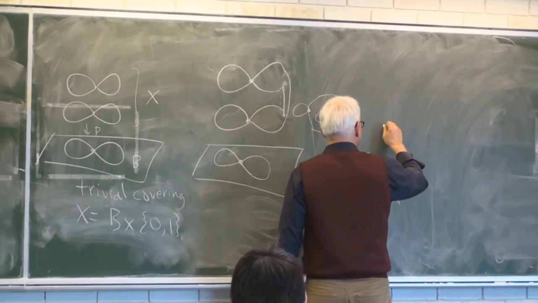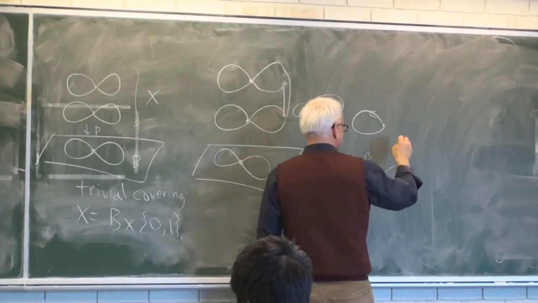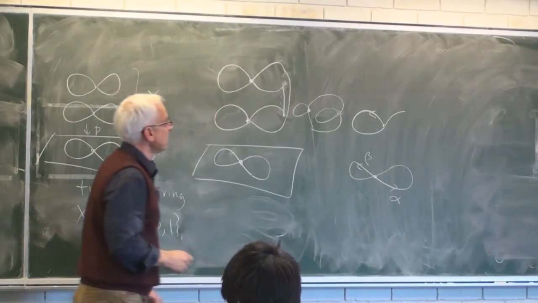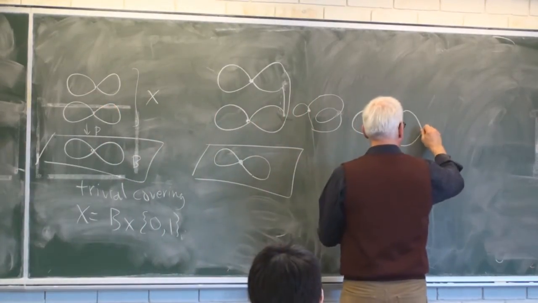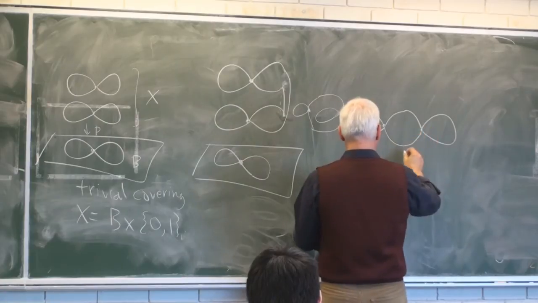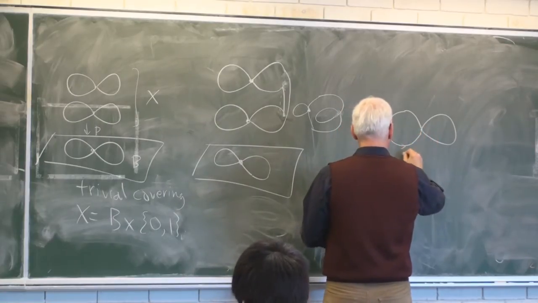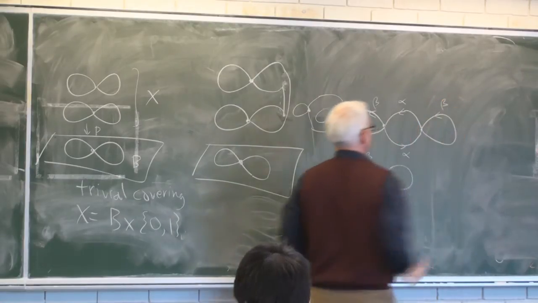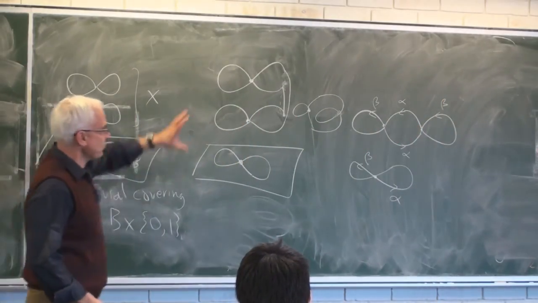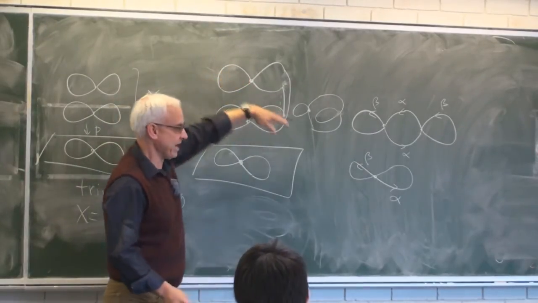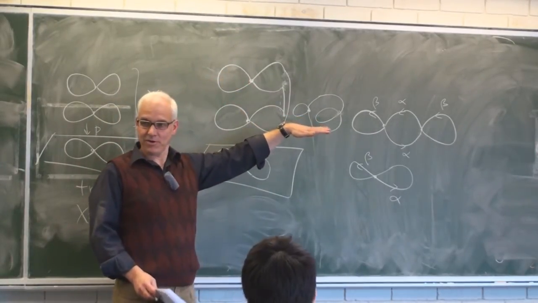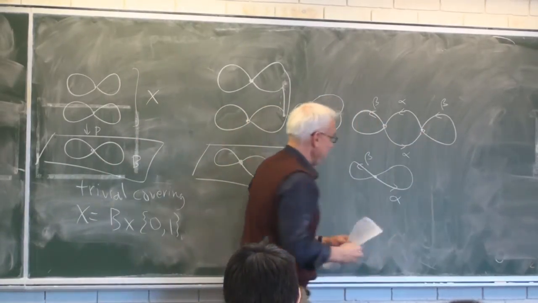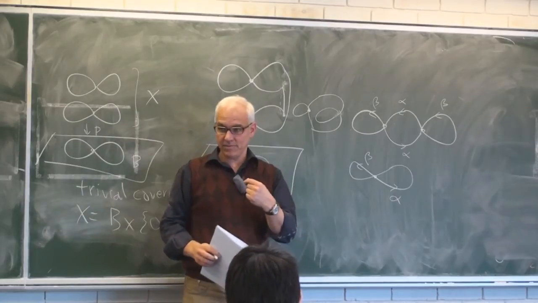Let's draw another one that looks like this, beta, and so what I'm doing is taking this thing here and laying it out a little bit flat so we can see it better. And I'm using these labels so that every edge is still labeled alpha or beta.